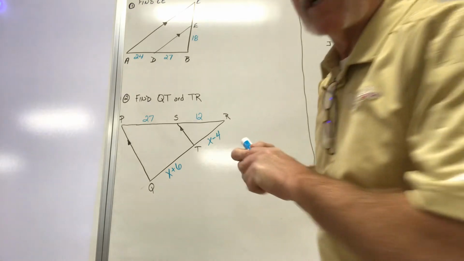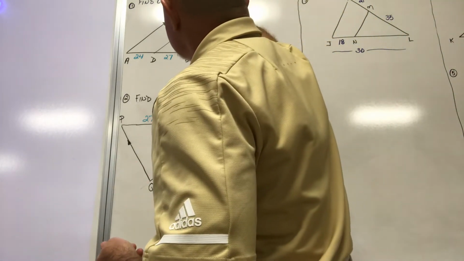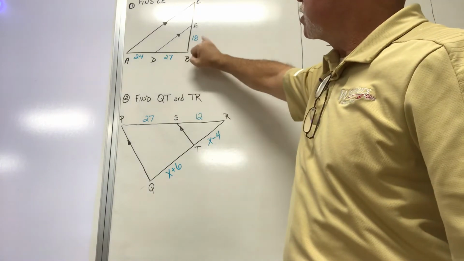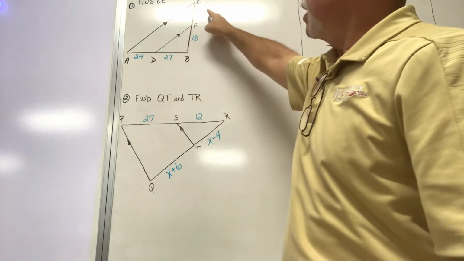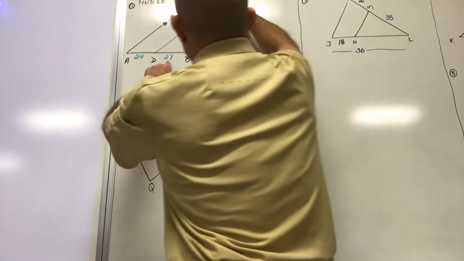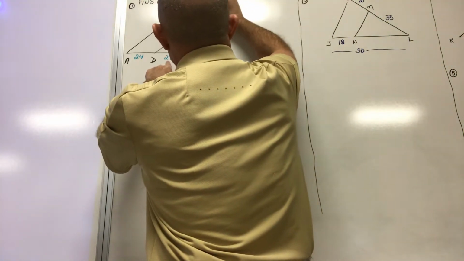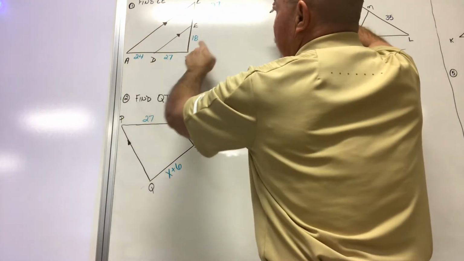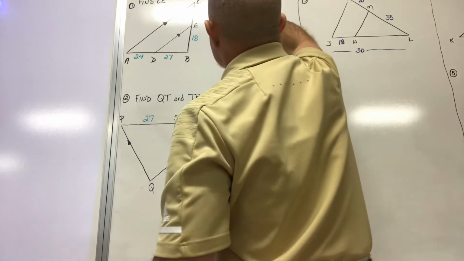I need this. I'm just going to call it X. Now, I have a side of a triangle, segment, and segment. I can set that up just in that manner. So I'm just going to go 27. I went that way. I'm going to do the same here.